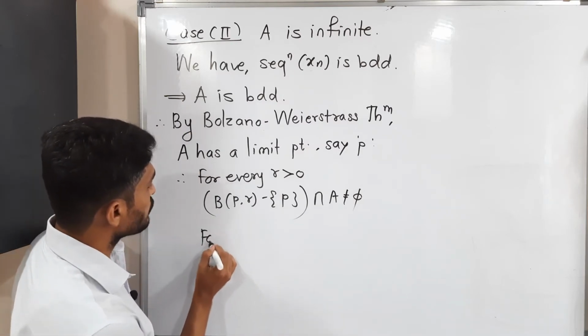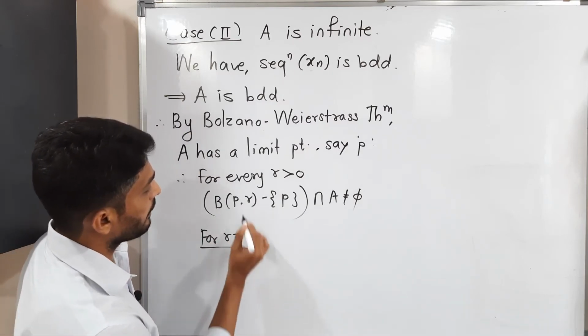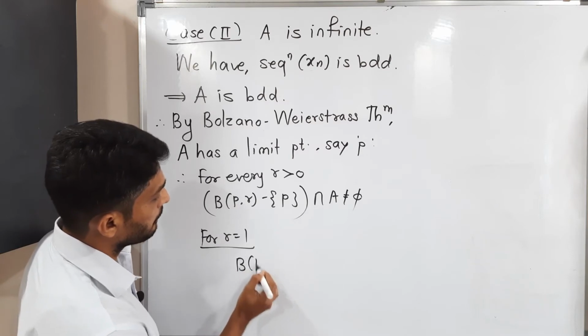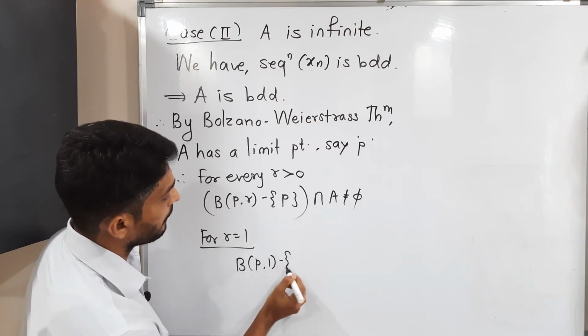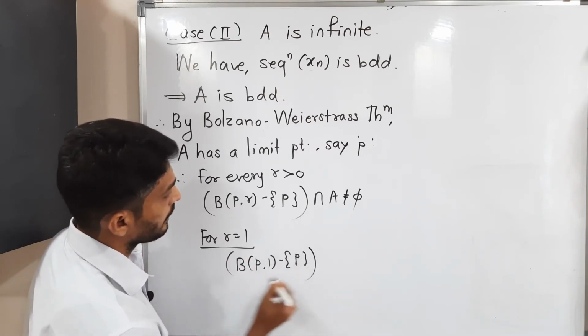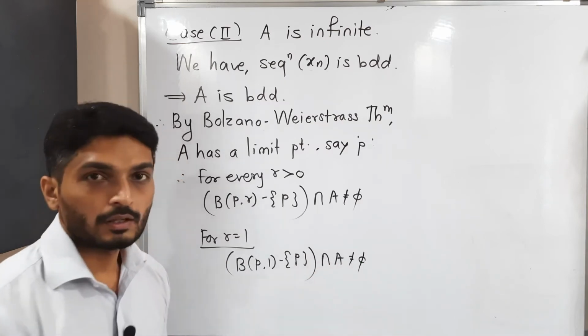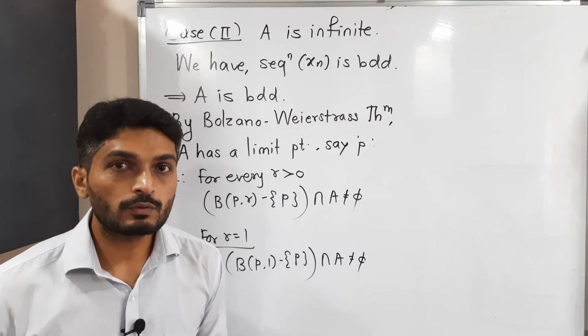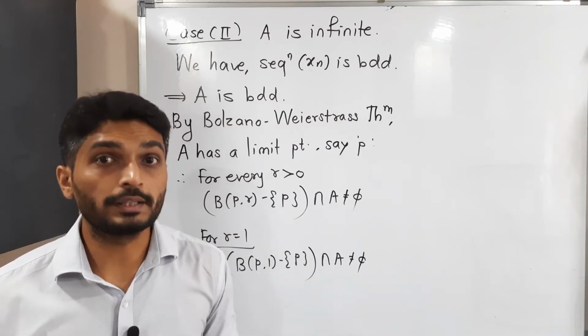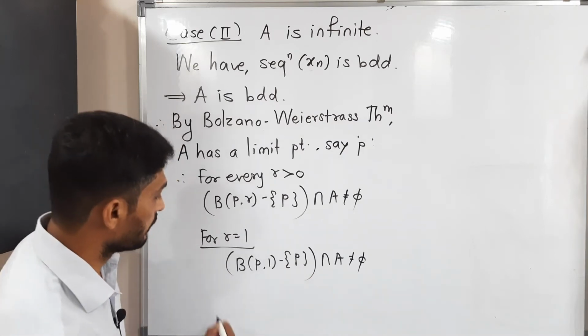So I'm choosing r equal to 1. If I put r equal to 1 here, B(P, 1) minus singleton P intersection A is not equal to phi. So this intersection is not equal to phi, that means we can find one point from this set.